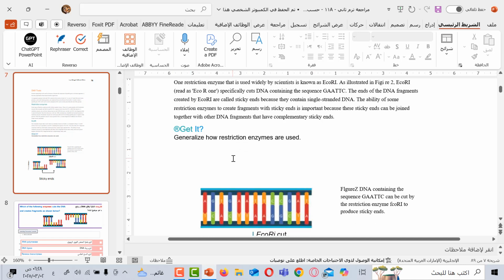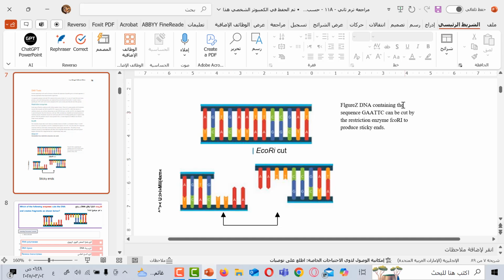Okay, no problem. As we see here in the picture, it's called or studies about the restriction enzyme. We have two kinds of restriction enzyme, one called sticky end restriction enzyme, and another one called blunt end.